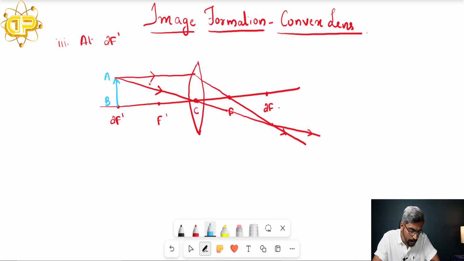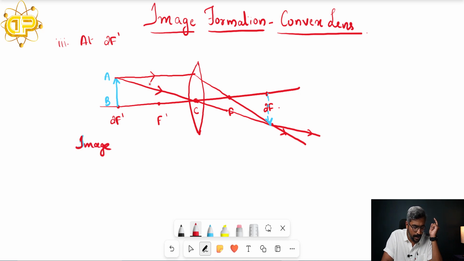If I'm just drawing the point, you can see it is coming straight from this particular point, and you are obtaining a point here. So you are obtaining a point at 2F itself. That is, if I'm placing the object at 2F dash, then the image will be formed at 2F.